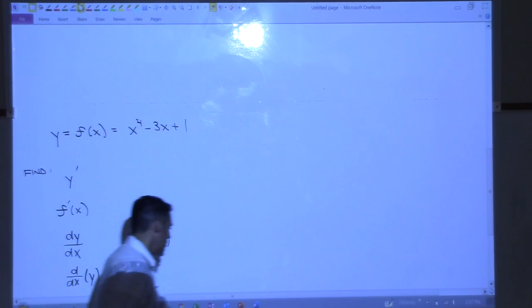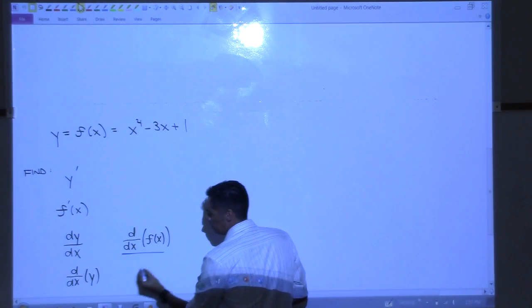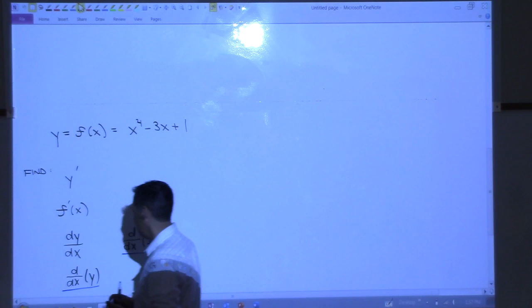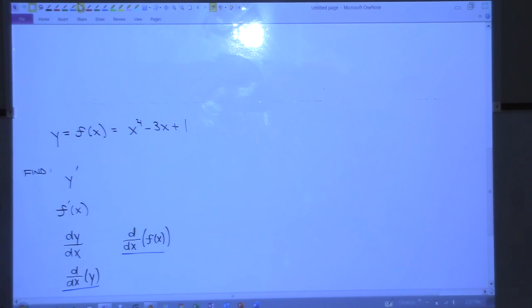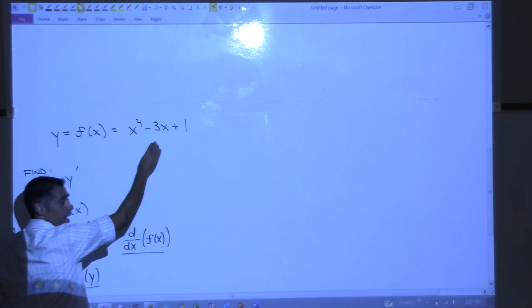So these two that I just wrote in particular, I want you to think of it a certain way. What this is saying is we want to take the derivative of this with respect to this variable x, which means that we can say to ourselves that this is a function of x.